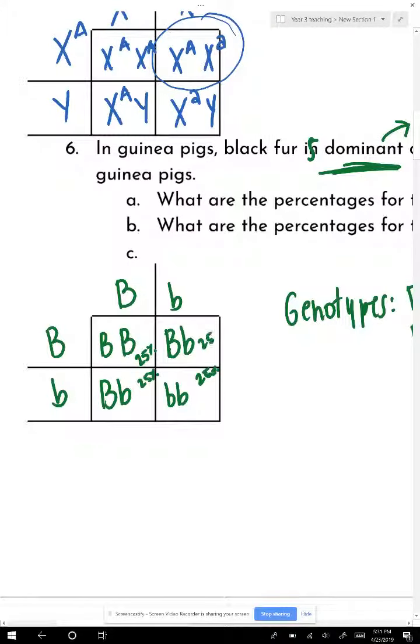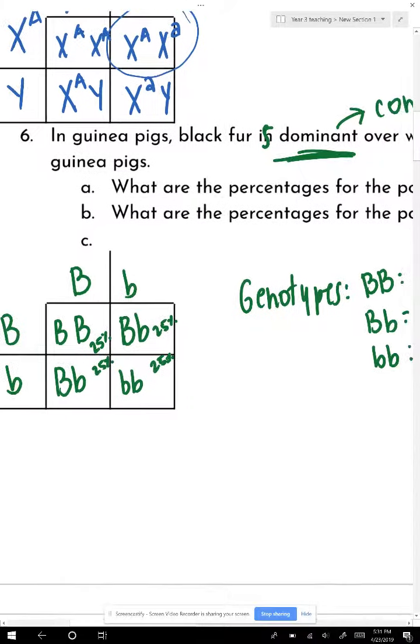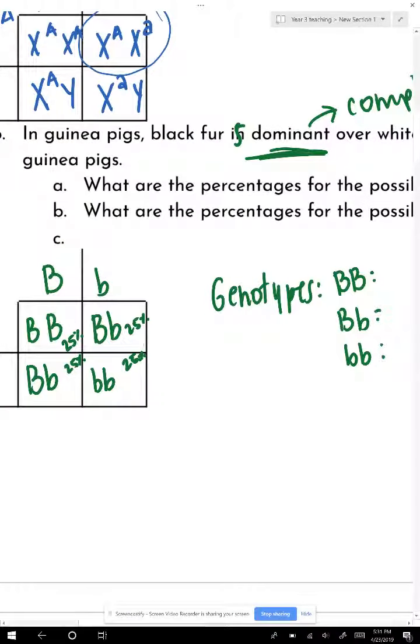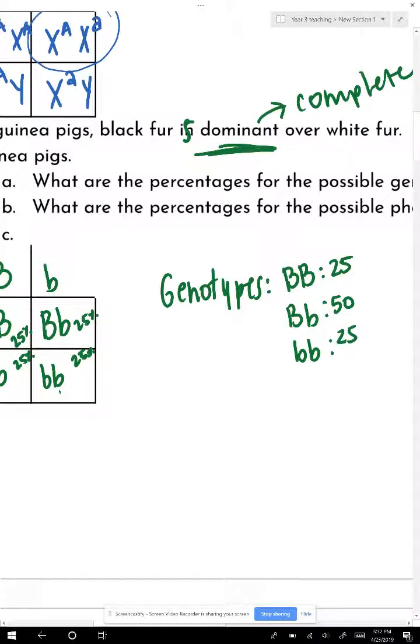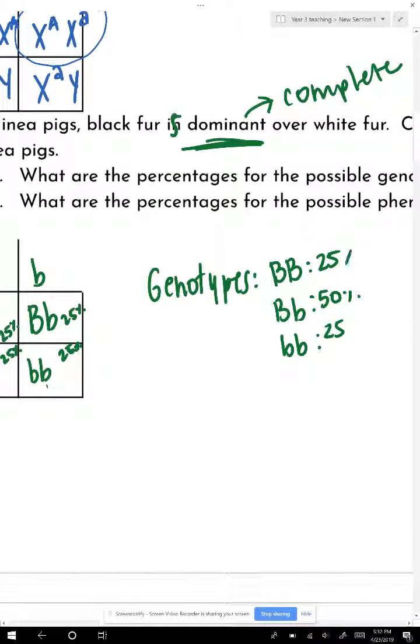So I add up what I have. Capital B capital B, I have 25. Capital B little b, I have 25 again. And little b little b, I have 25. Ooh, mistake. 50, my bad. So I have 25, 50, and 25. And again, I can double check these and see if they add up to 100. So 25 plus 25 is 50, plus another 50, that's 100%, right?